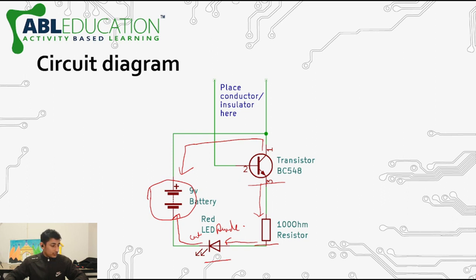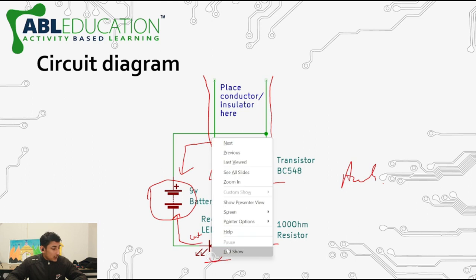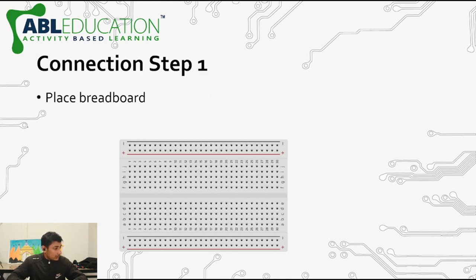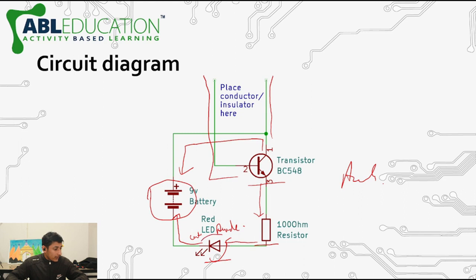Now, the main thing is the second terminal, that is the base. The second terminal is the base, and the first terminal is also an open circuit terminal. When we place any conductor or any insulator between these, it gives us an acknowledgment on the LED.